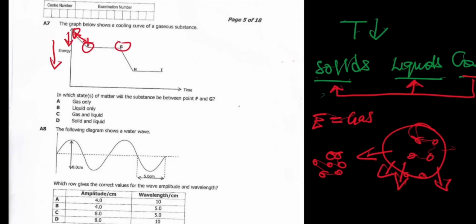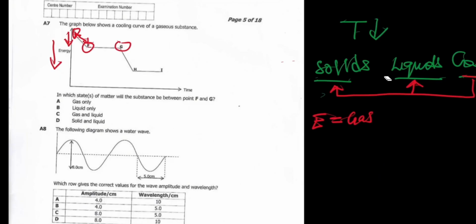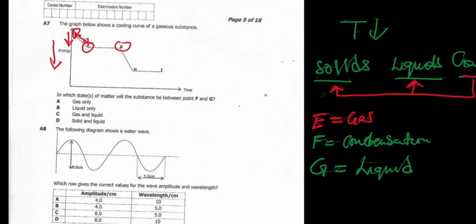So based on that, you can clearly see that at point F, condensation begins, which means that at point G, you have the liquid state of matter. This gaseous state is completely changed into the liquid state.